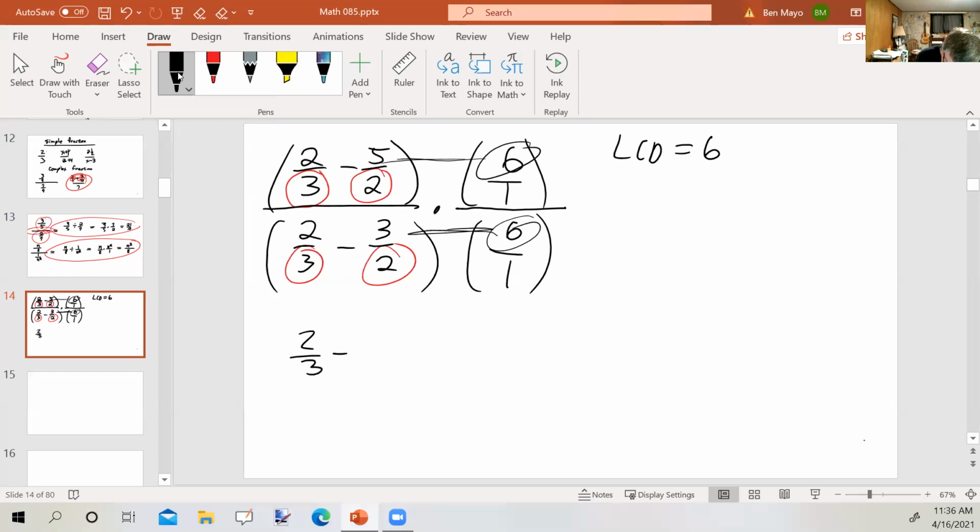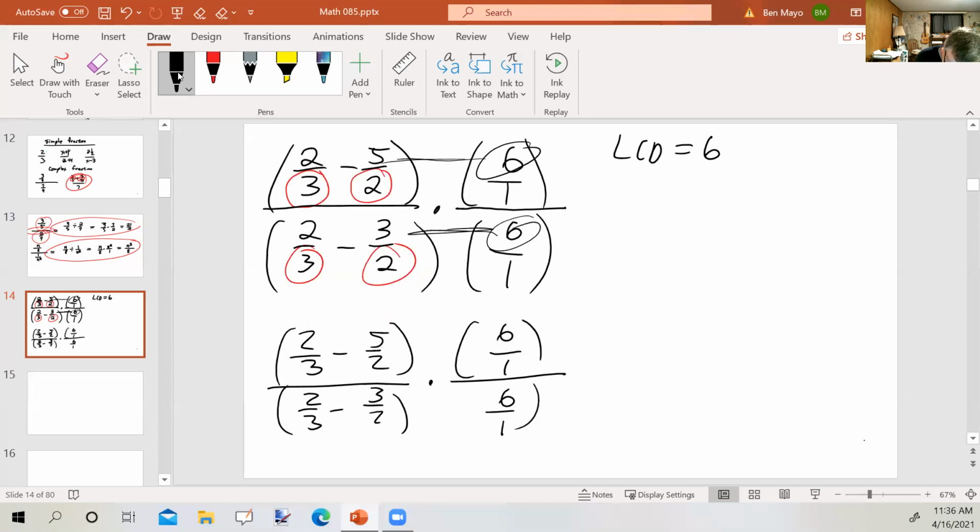So what I've got is this. I've got 2/3 minus 5/2 over 2/3 minus 3/2 times 6/1 divided by 6/1.